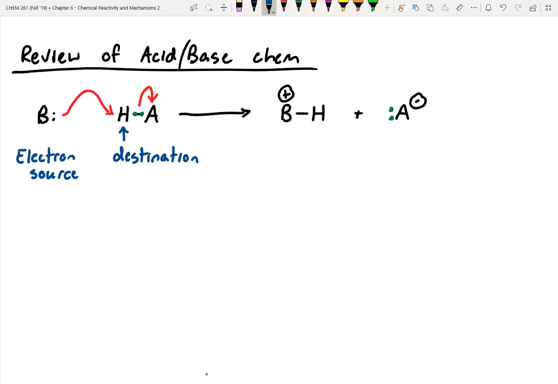And then same thing here. If we think about this covalent bond, that was the source of electrons that ultimately gets delivered to A. So we have to be very careful about the directions in which we're showing arrows. Does that make sense?